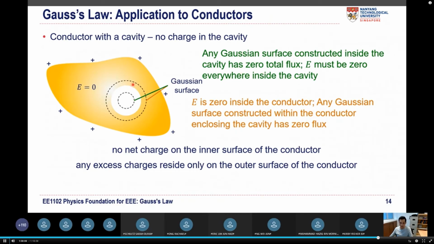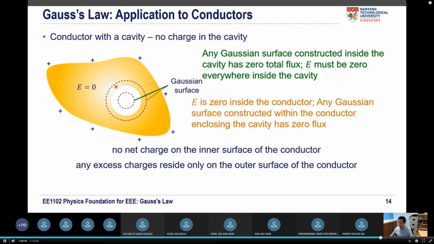And likewise, inside here, are there any net charges enclosed? We don't know, right? But what about the electric field? The electric field going across this part is always going to be zero, because this Gaussian sphere is created inside where?